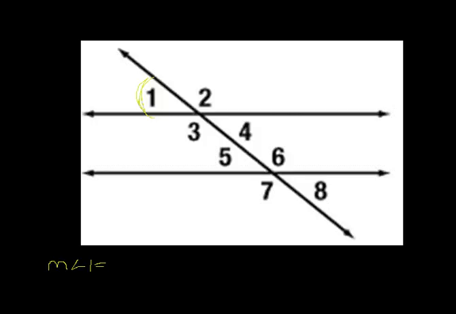Let's try it one more time. So the measure of angle 1 equals 40 degrees.